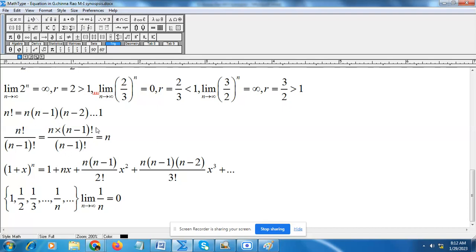So cancelling this, we get only n. And also we require this formula, that is binomial expansion: 1 plus x whole power n is 1 plus nx plus n into n minus 1 by 2 factorial x square plus n into n minus 1 and n minus 2 by 3 factorial x cube plus so on. So we require these formulas.